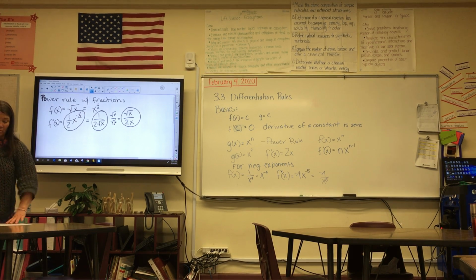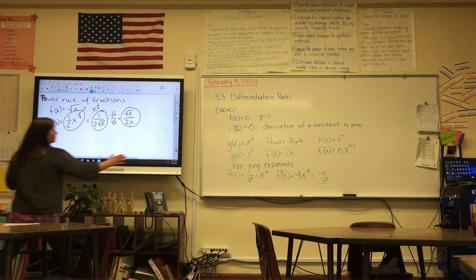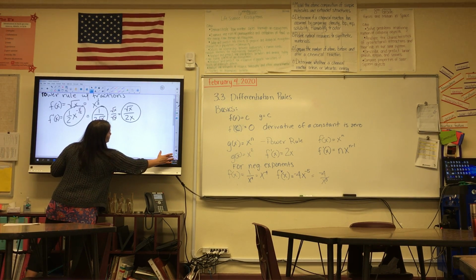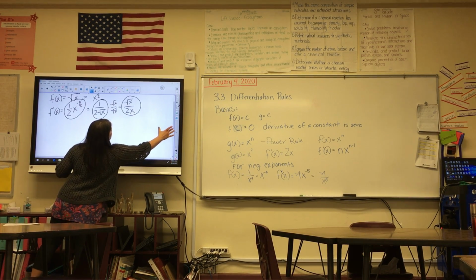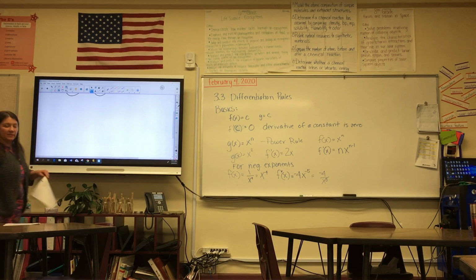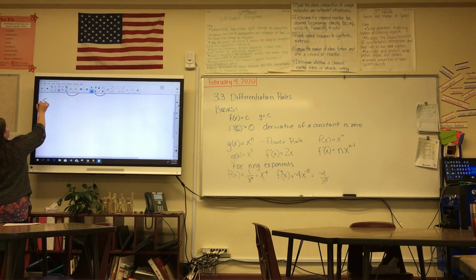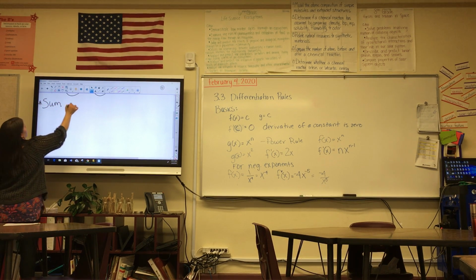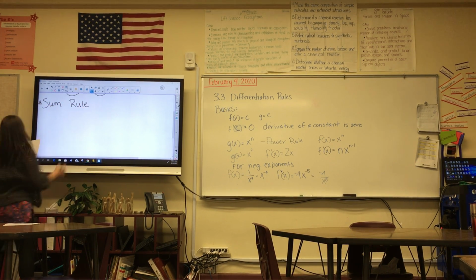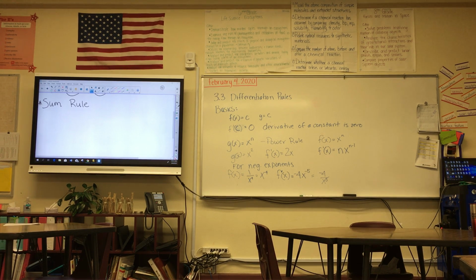The sum rule is super easy. If you have two functions being added together, you can take the derivative of the first one and add it to the derivative of the second one.